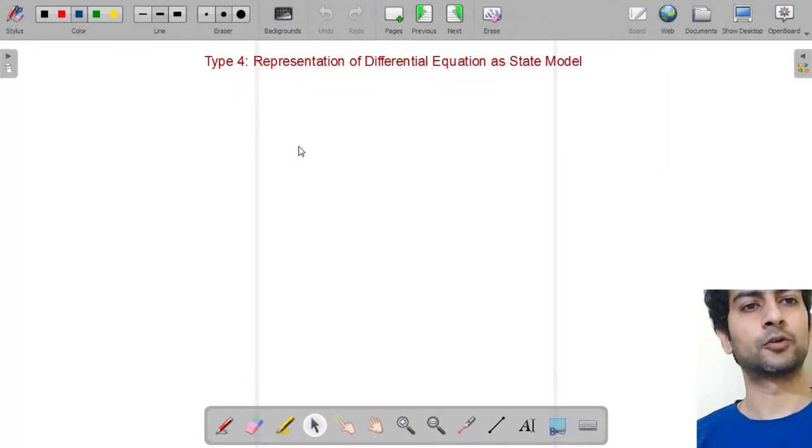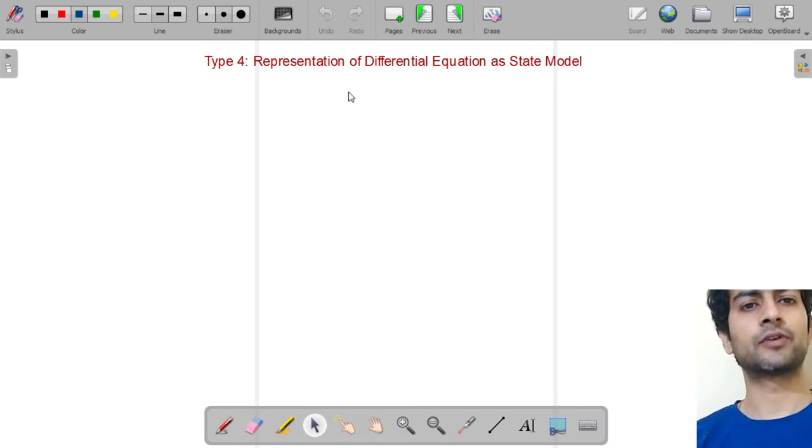Now, coming to type 4, that is another type of question that may be asked in the exam. If you are asked to represent a differential equation as a state model, then there's a very easy and shorter concept, or you may say trick, that I'm going to give.